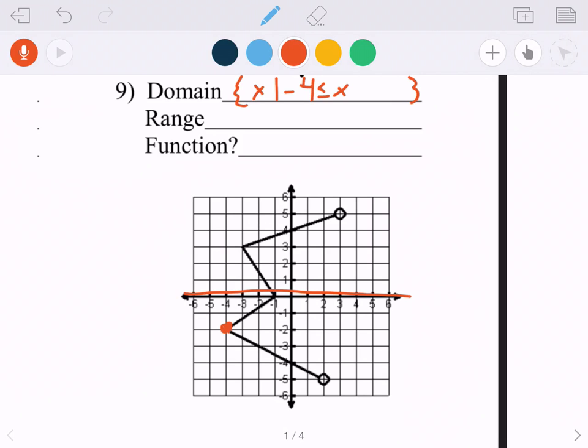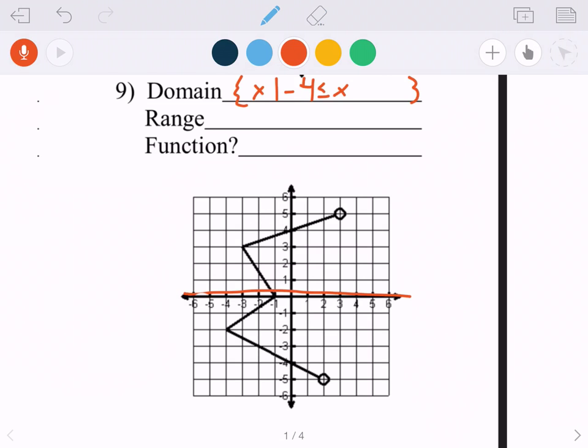Now, I'm highlighting in red the furthest right point. So that is the greatest point on the x-axis on this graph, and that is at 3. Now notice, this circle is open.